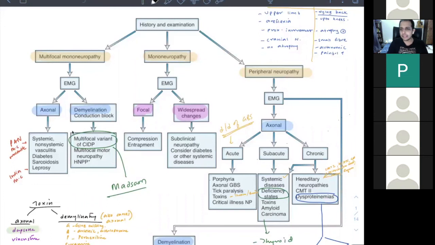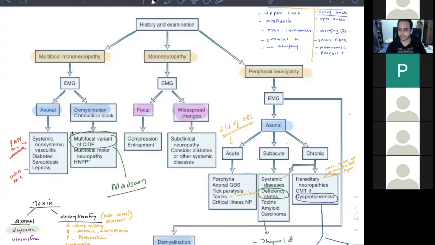So this is the overall flow chart. I had taken this from one of the journals, but I really like this because it gives you a very clear idea, and you can add whatever. So it's not comprehensive, okay? It doesn't cover every single differential diagnosis, but it gives you a nice flow chart, and whatever else you find, you can always add on top of this.